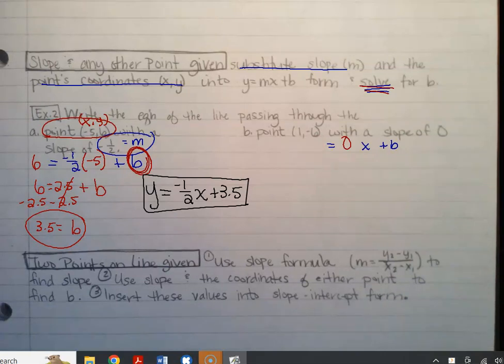Nope, our coordinates are always x, comma, y. So which one is our y? The -6. There you go. What's our x value? 1. So I'm going to put my 1 in there. It's always multiplication. So if I simplify, -6 equals 0 times 1, which is just 0. So -6 equals b.